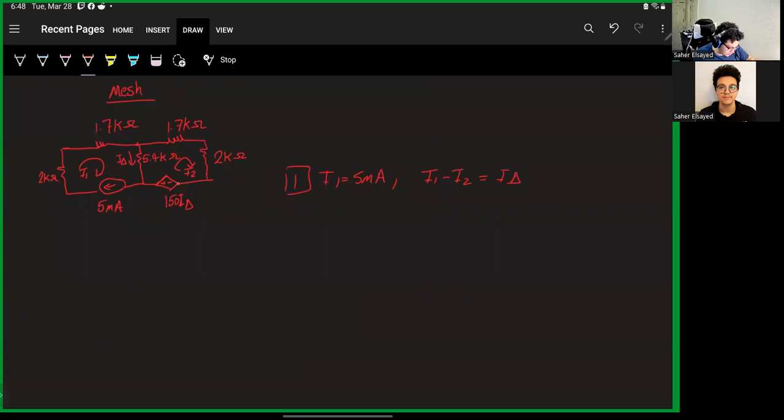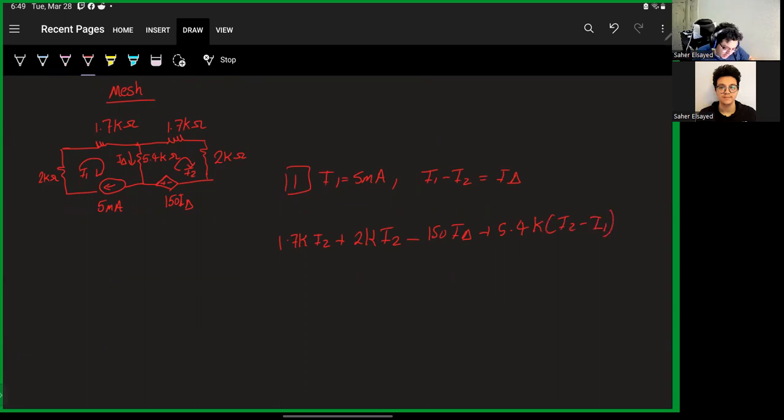So let's do mesh on the other side only. That's all we need. 1.7K I2 plus 2K I2 minus 150 I delta plus 5.4K I2 minus I1.